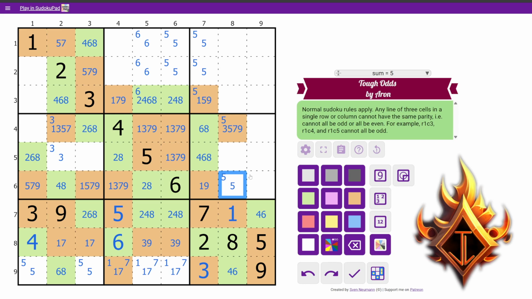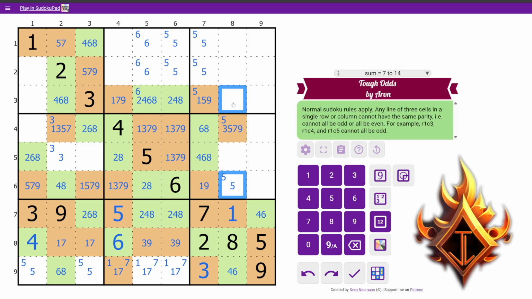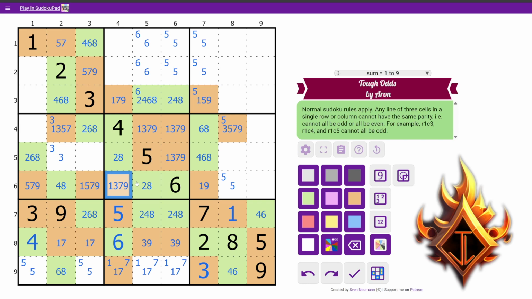What if this was not odd? If it was even, that one would be even. It seems like it would also be okay. Oh, this is almost the only one that is able to be a 3.